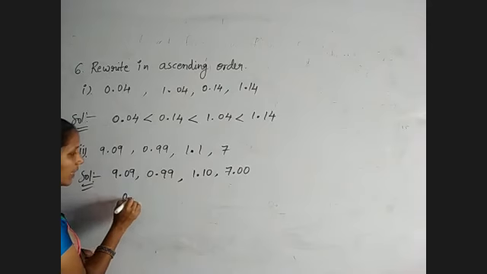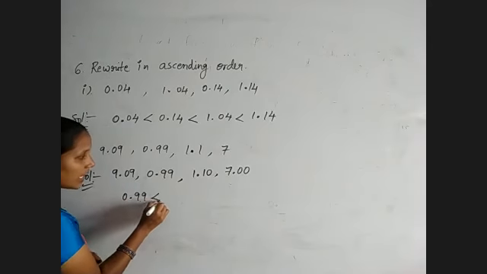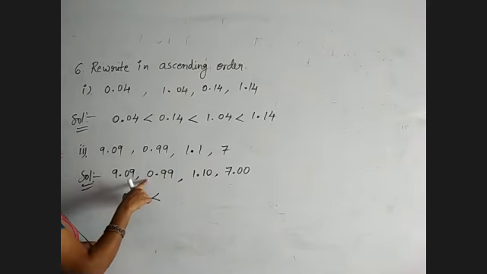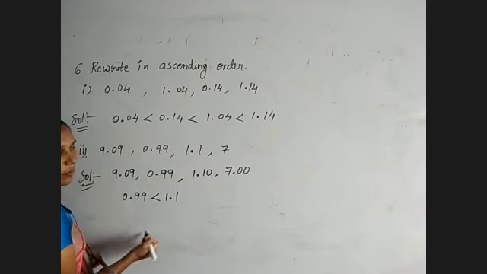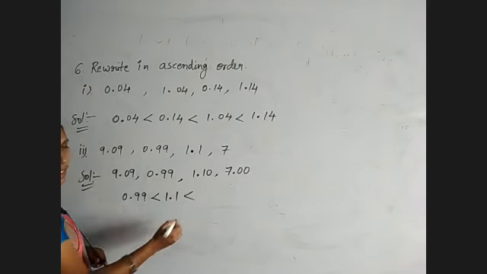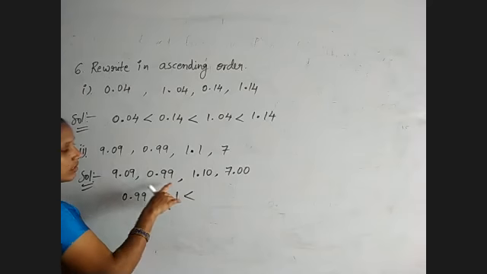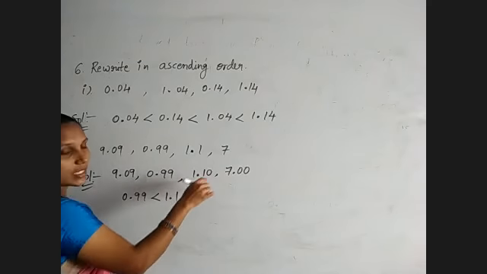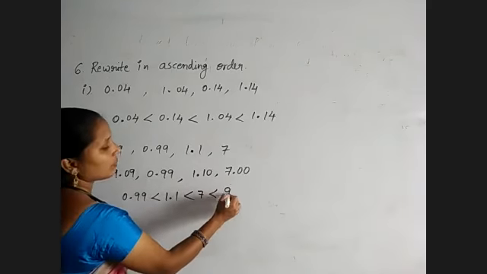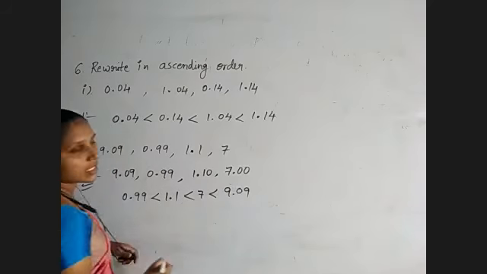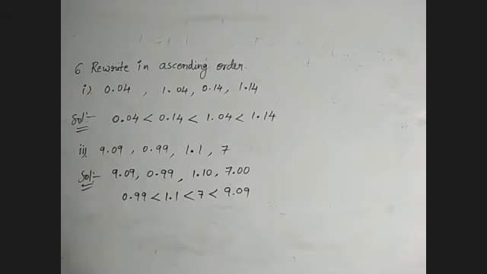That means 0.99 is lesser than the next, after 0 you get 1. 1.10, actually it is 1.1 only, so write the direct value. And next 0, 1, 7. 7 is the smaller value. So 7 is lesser than 9.09. That's it. Okay.